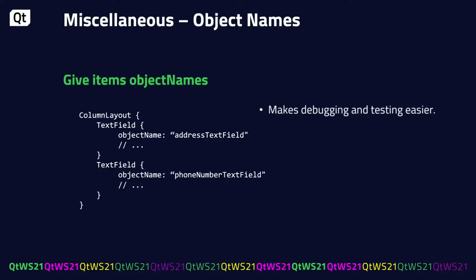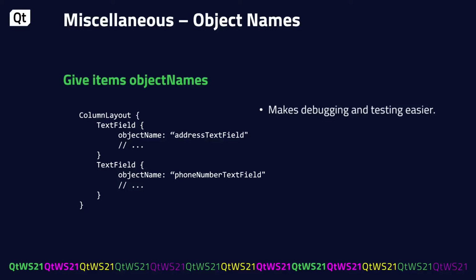So if you give your items object names, then at least if you're using Qt Creator, for example, the locals window will show you this object name for this type instead of just having a type. It makes debugging a lot easier.